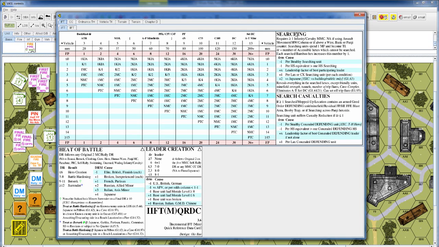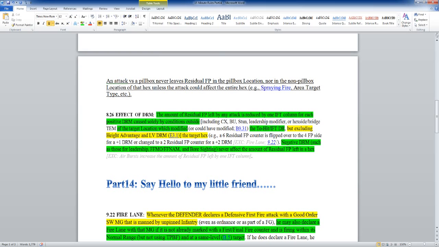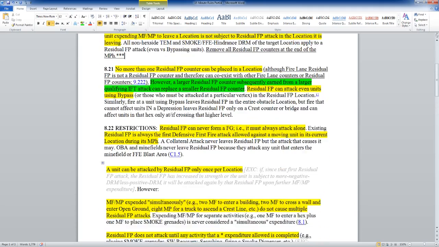So you have to watch for your final residual firepower total. It can be less than you think once you add in all of your other modifiers that are out there. That should finish up the residual firepower section.